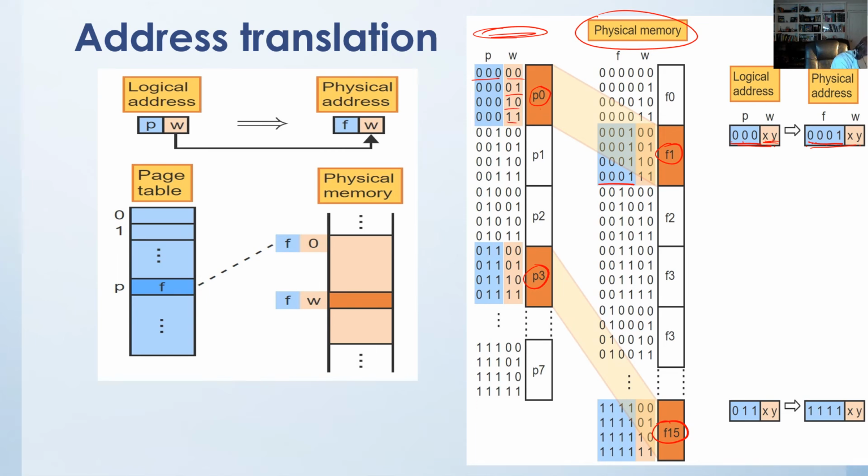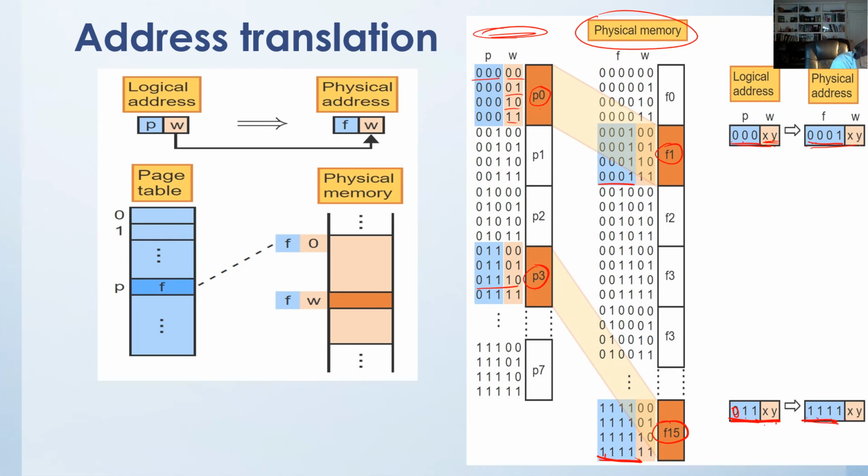Now for another mapping, page 3, that's 011, maps to frame number 15, which is 1111. So any address in page number 3, 011XY, maps to 1111XY in frame number 15.